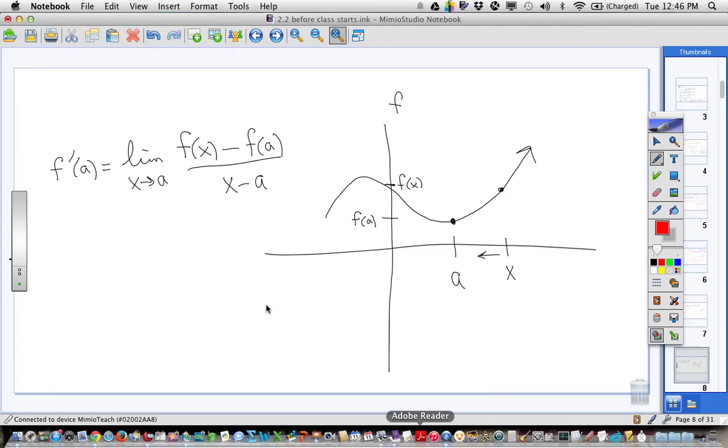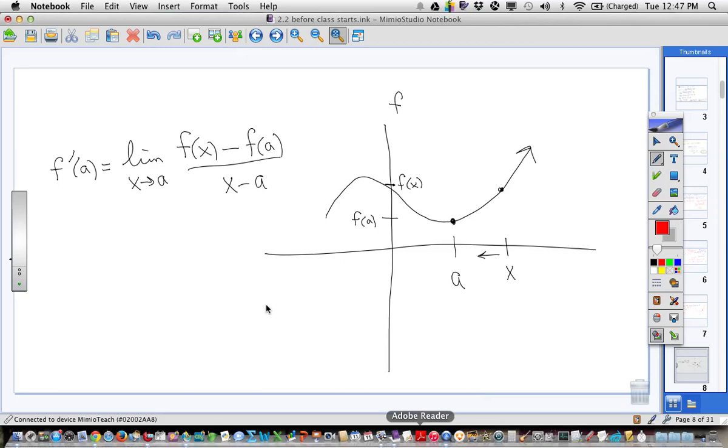It's just an alternate version. That picture doesn't have to be that fancy or anything, but it's just an alternate version of the definition we learned yesterday.